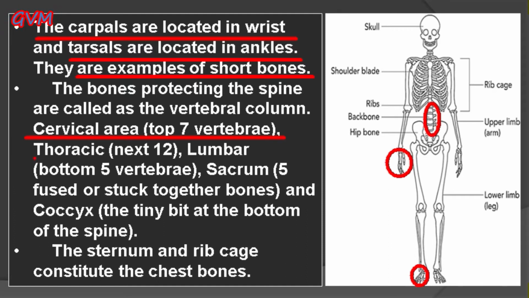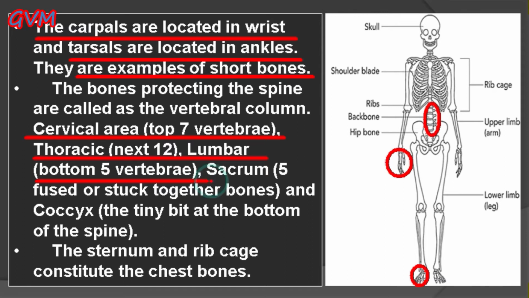In the same way, after the 7 bones, the next 12 bones are known as thoracic bones. Now, after those 12 bones, the bottom 5 vertebrae are known as the lumbar bones or the lumbar vertebrae.